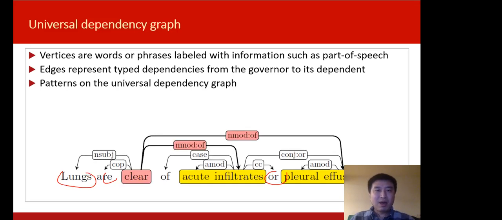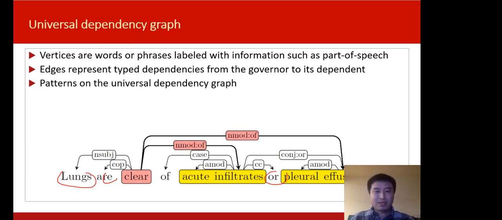After we get the graph, we can define patterns to differentiate the positive and negative and uncertain findings. For example, we can define a pattern clear of something, and we apply the pattern on the graph. We find that the pattern matches two phrases at the same time.